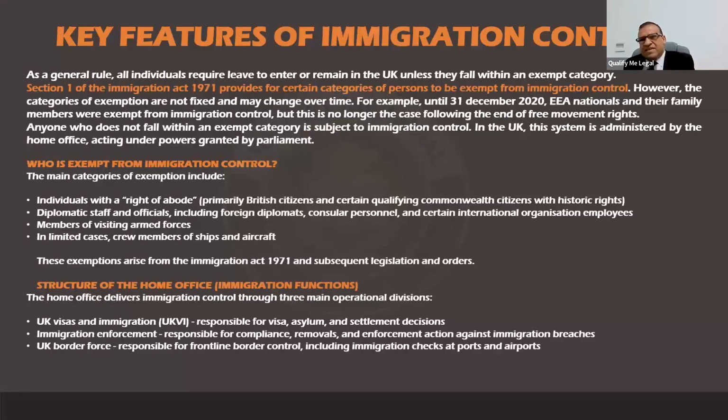We have taken these exemptions from Section 1 of the Immigration Act. Now, the second exemption is those people who are part of diplomatic staff and officials, and in limited circumstances, the crew members of ships and aircraft.